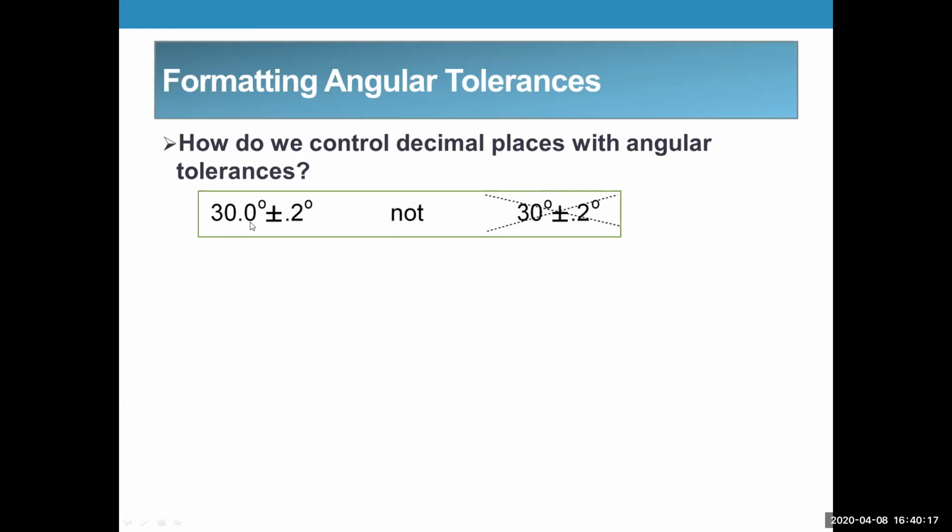There would not be a 0.0. You don't need to show the trailing zeros when it's an even numbered angle, and it doesn't matter if it's 31, 32, 33, 37. But if it's 37.5, then obviously you've got to show a 0.5, as long as there's no tolerance. But if there's a tolerance, then you need to make sure these match.